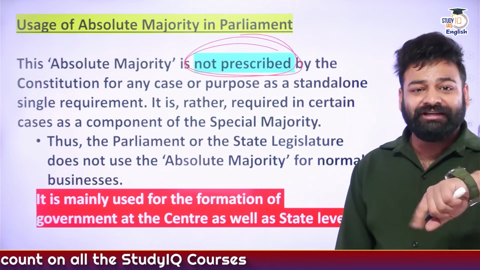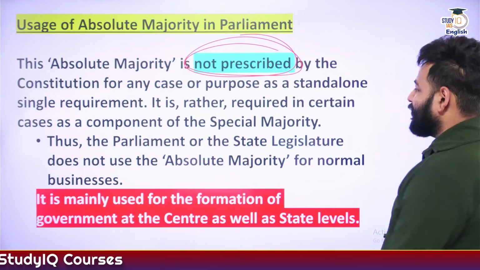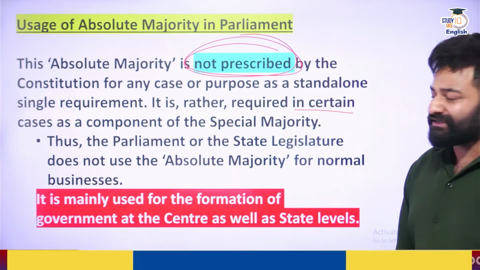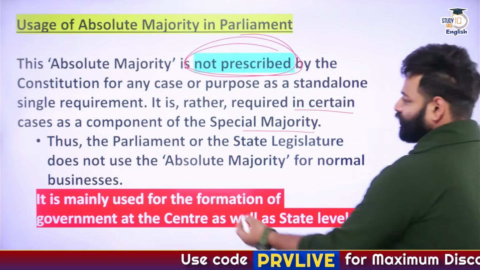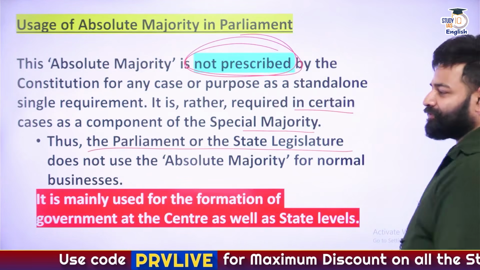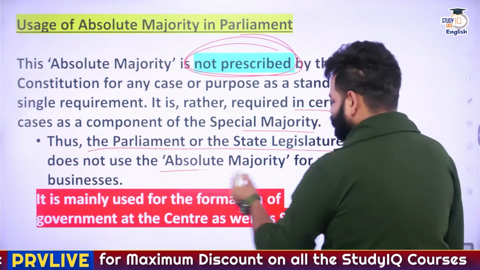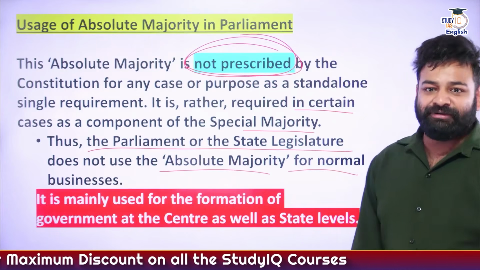Rather, it is required in certain cases as a component of the special majority. Thus, Parliament or the state legislature does not use the absolute majority for normal business.